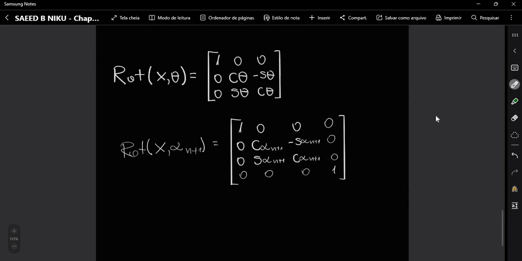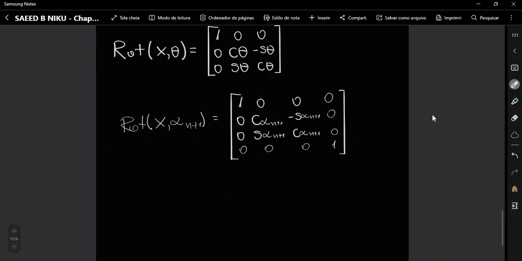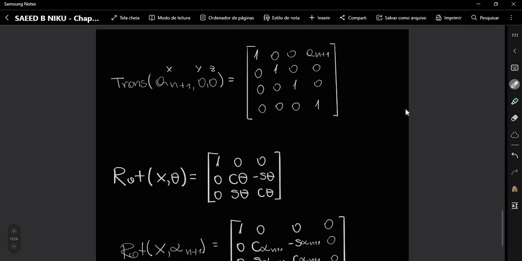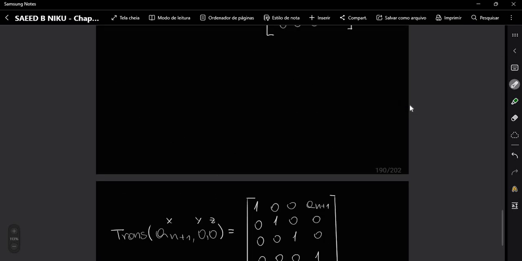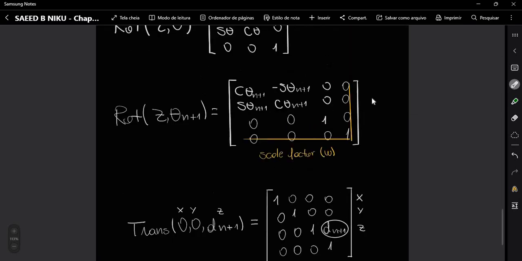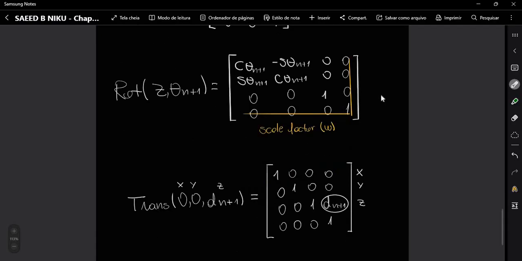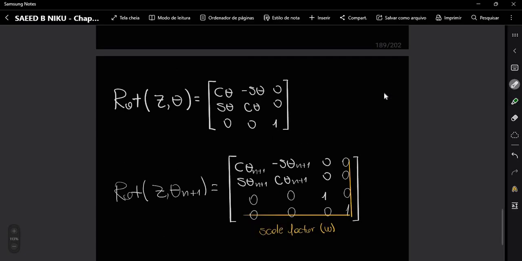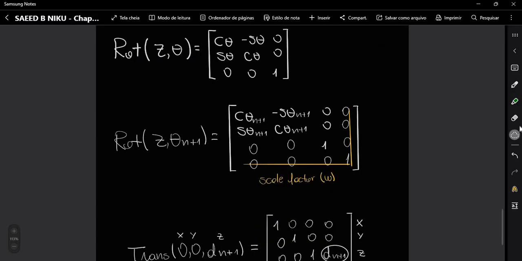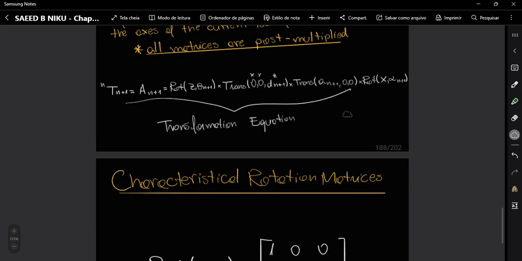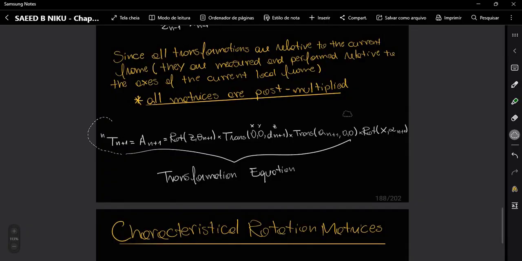Okay, we made it. We wrote the matrices. Now we need just to multiply them, so we get the total transformation. Okay, so let me just go up. Let me do it again.